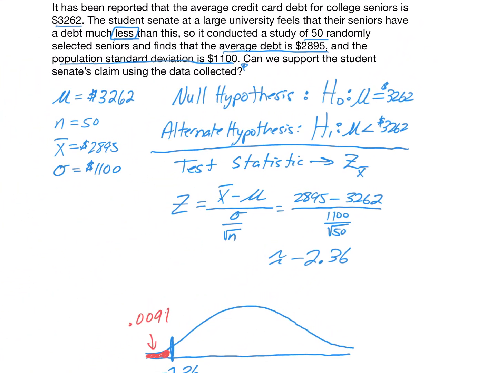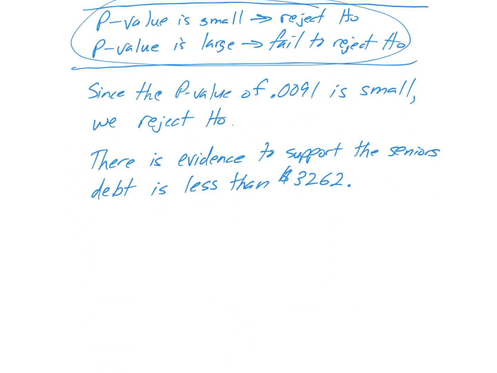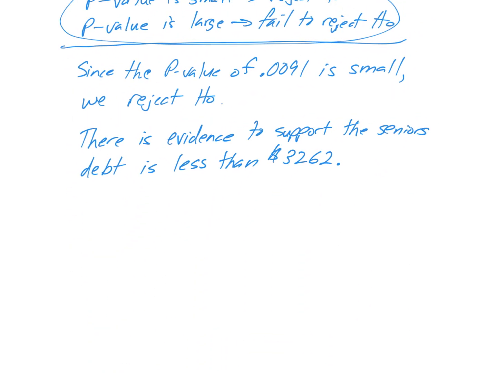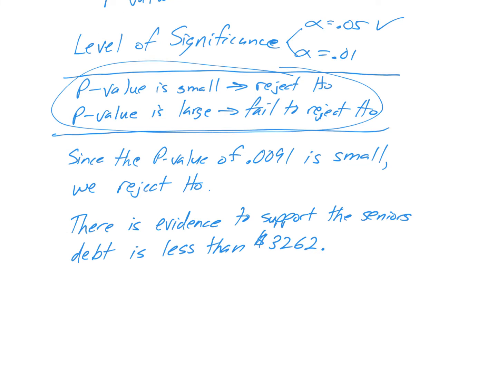So therefore, since you rejected H naught, there is evidence to support that the seniors at this particular college debt is less than the average of $32.62.